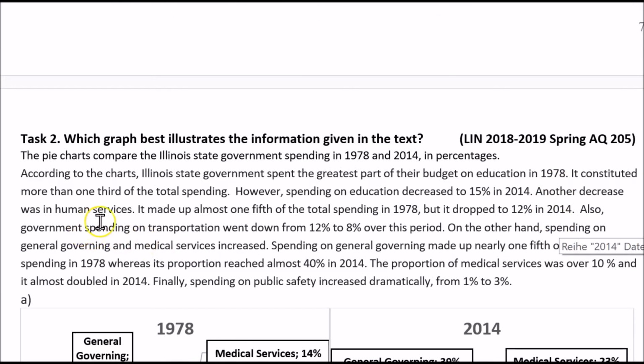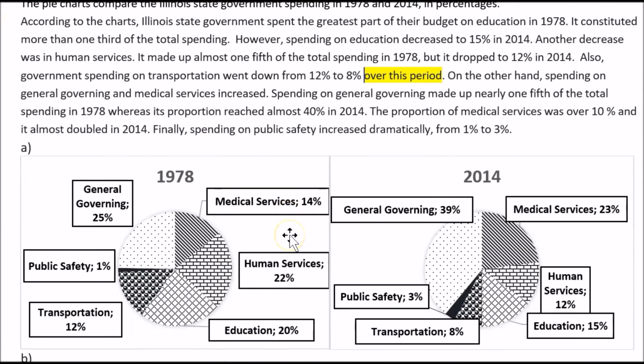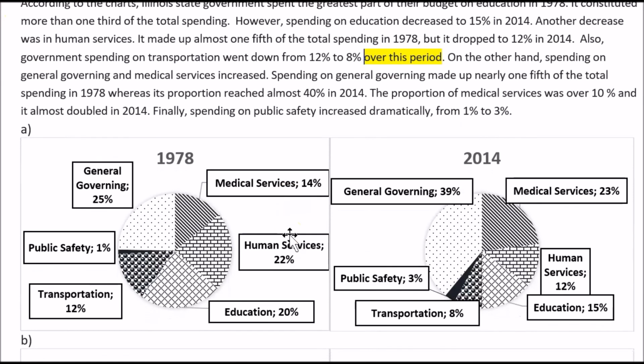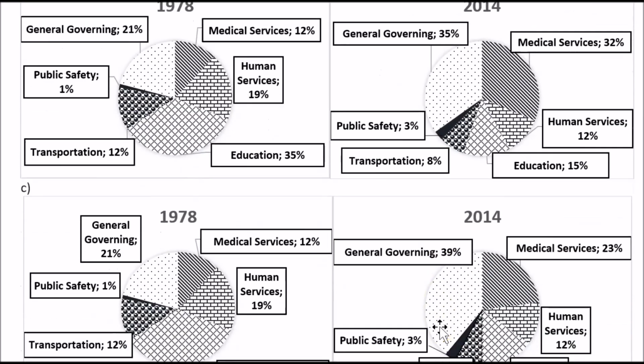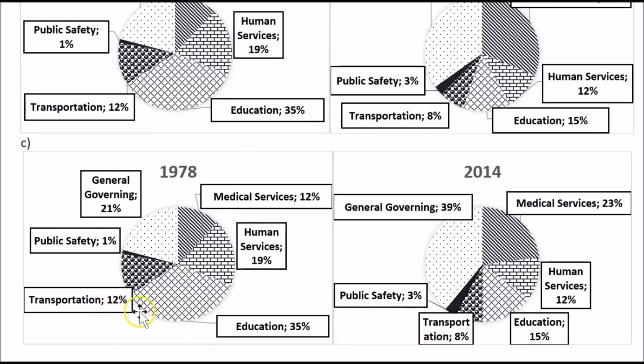Another decrease was in human services. It made up almost 1/5 of the total spending in 1978, but it dropped to 12% in 2014. Let's check if this information is correct. We're looking for transportation in both years. In choice B, you see that it was at 12% and it went down to 8%, as in choice C.